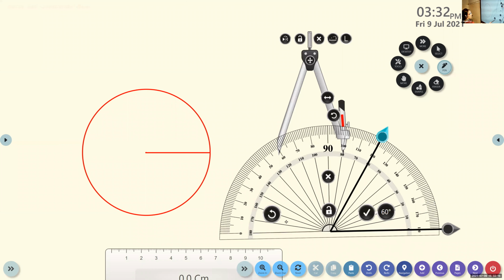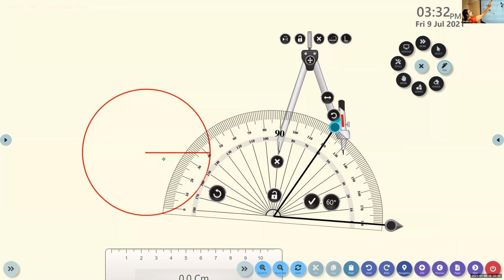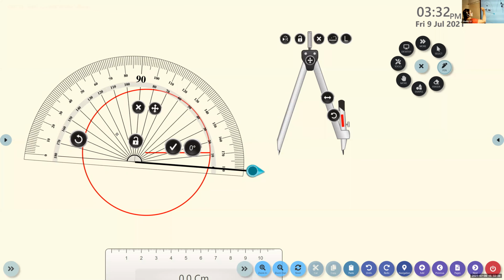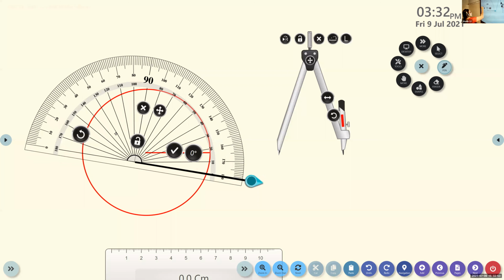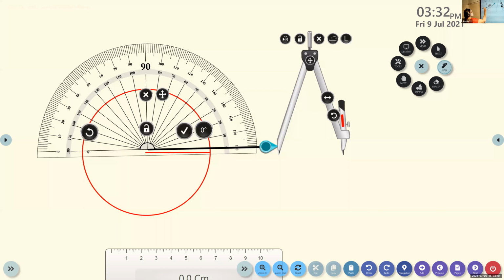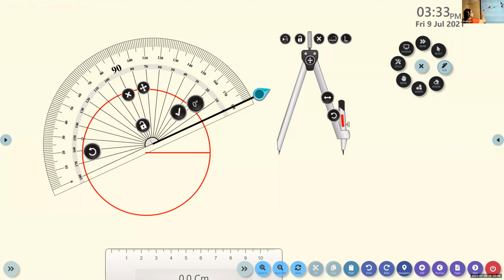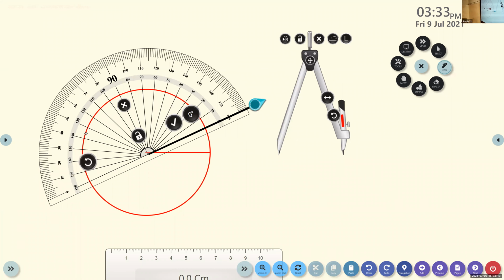Now, take your protractor. The center of the protractor and the center of the circle must coincide, and the line of the protractor and the radius must coincide.